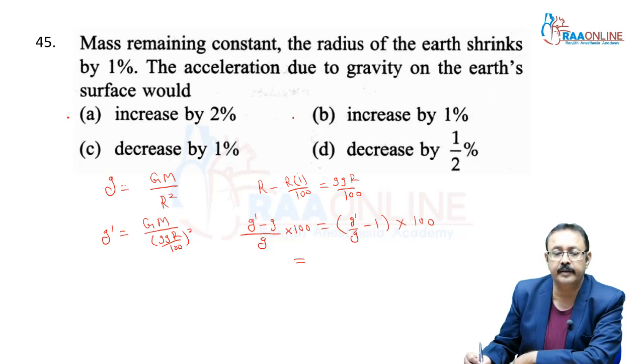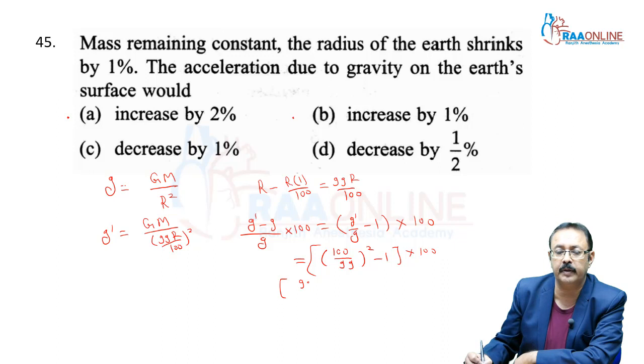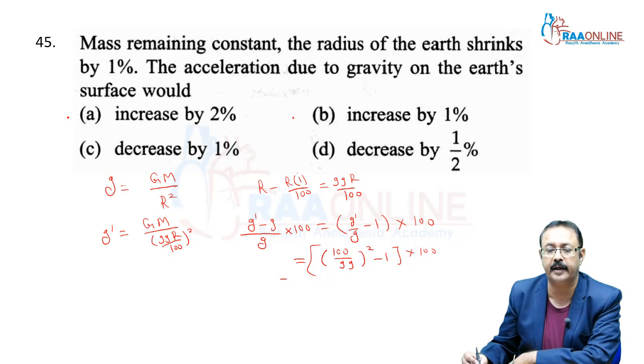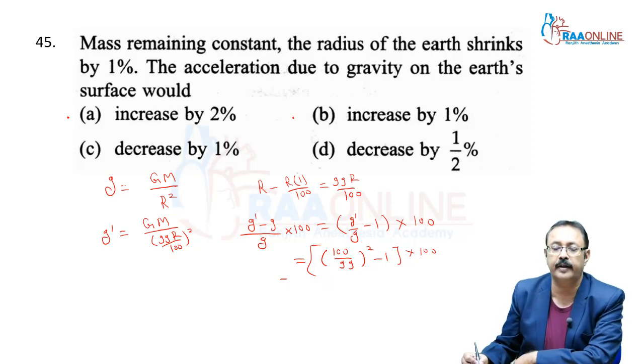What we will get is (100 by 99) square minus 1, into 100. We can write 100 as 99 plus 1, so we can write this in split form.